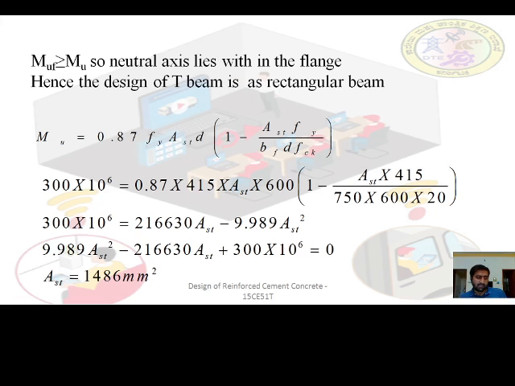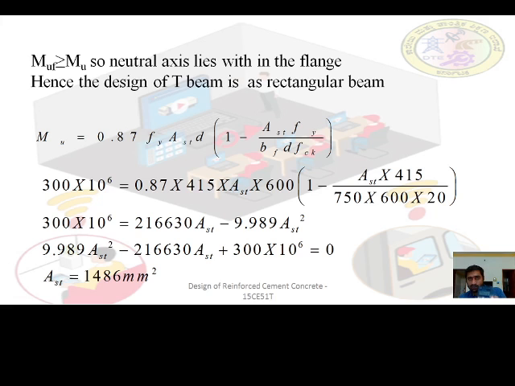Substitute the value of A, 9.989, equal to. B value, you have to substitute with the minus symbol, minus 216630, equal to. After entering the value, press equal to for C. So C is 300 into 10 to the power of 6.